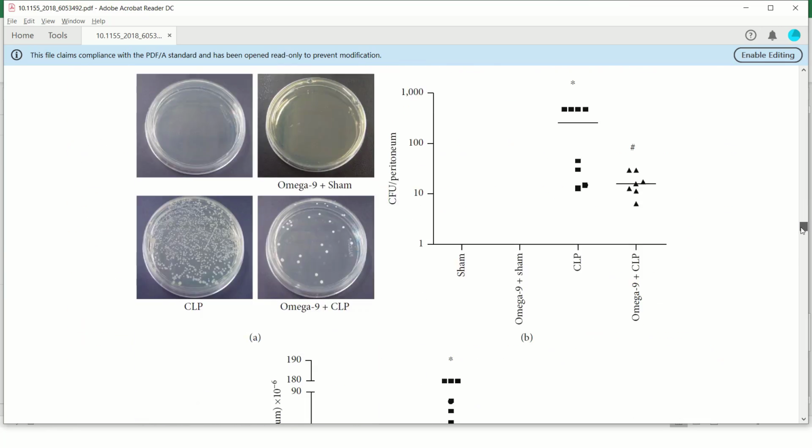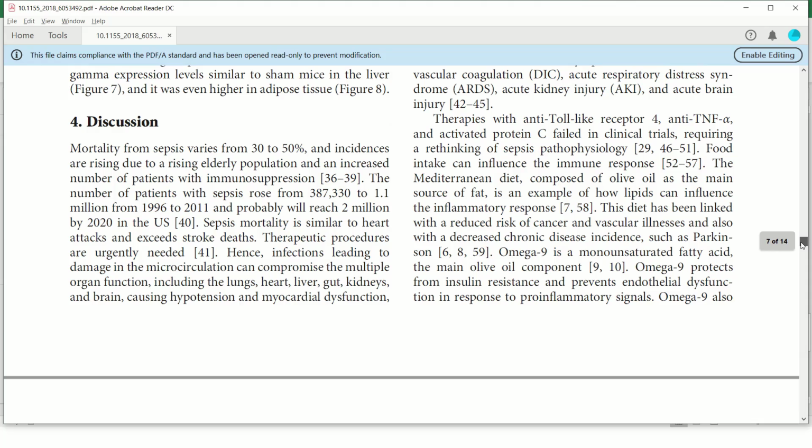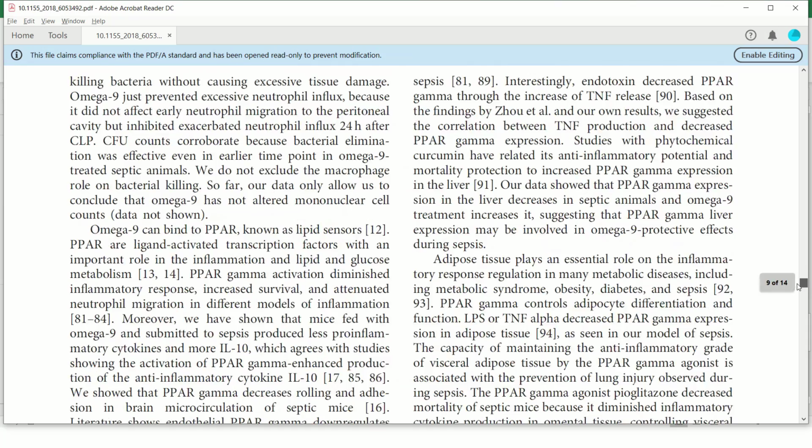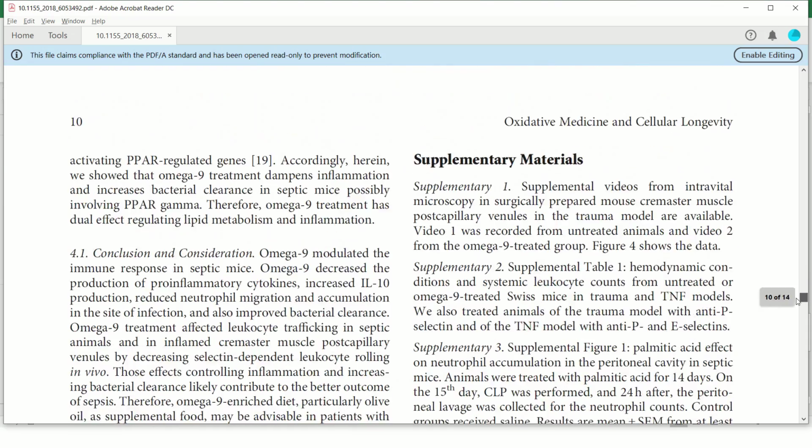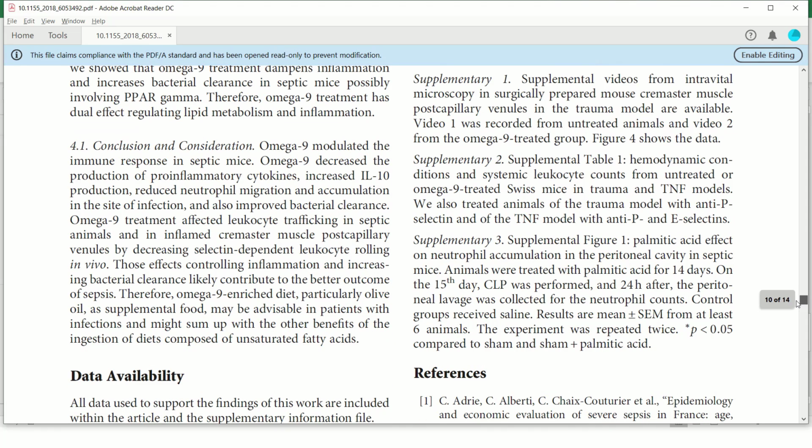Now, let's see what they are concluding. It modulated, decreased the production. That's too strong already because of the study design.